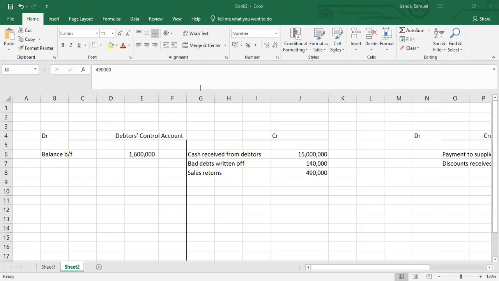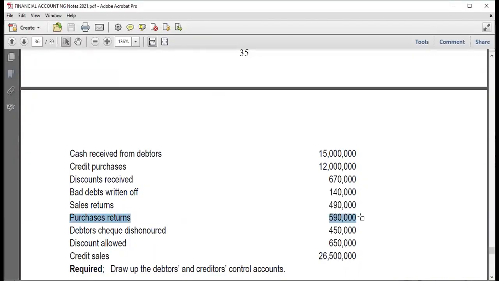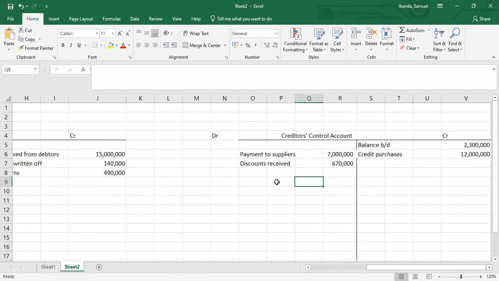Okay, and then we have the purchases returns. Now, the purchases returns, of course, in itself affects our creditors control account. Now, purchases returns is where we are returning goods to suppliers.